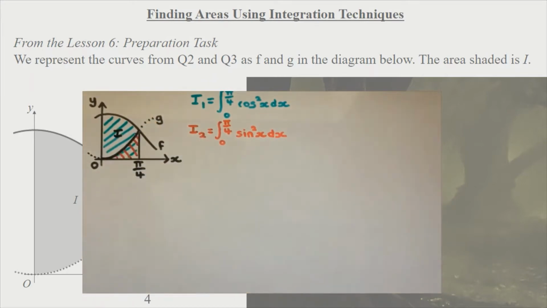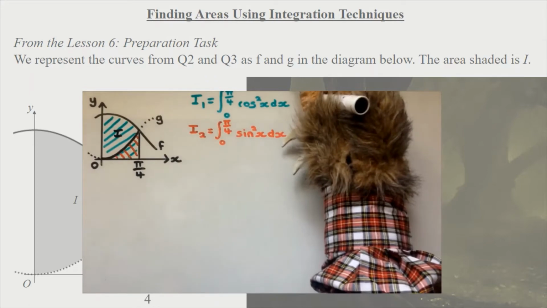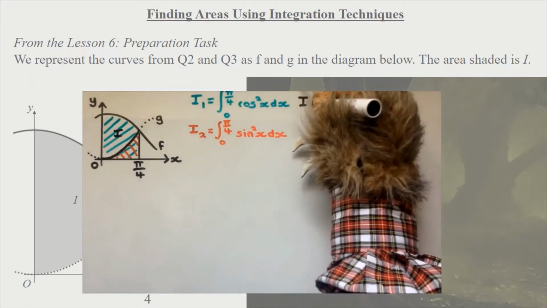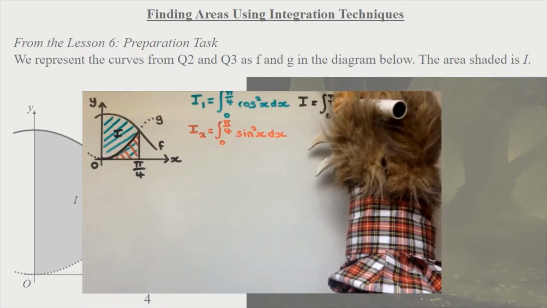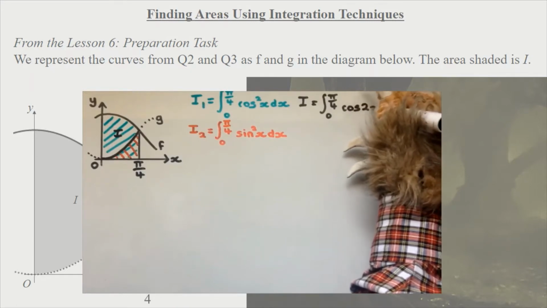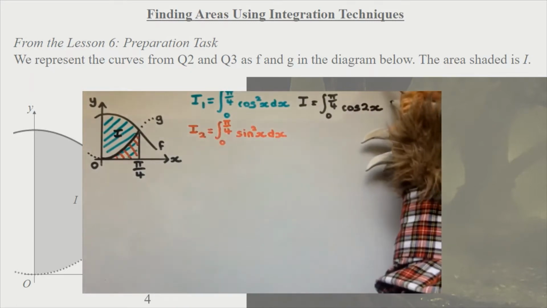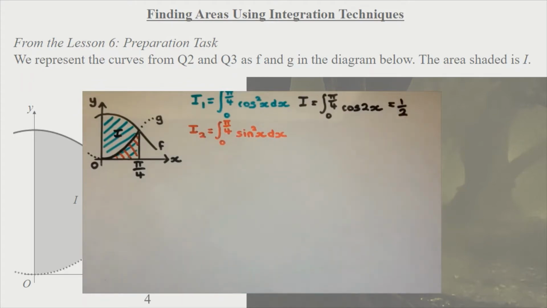So the area between the two curves f and g is our area I. And that was, if I just write it down, equal to the integral from 0 to pi over 4 of cos of 2x. And remember that was equal to 1/2. So the area bounded between f and g is 1/2 square units.